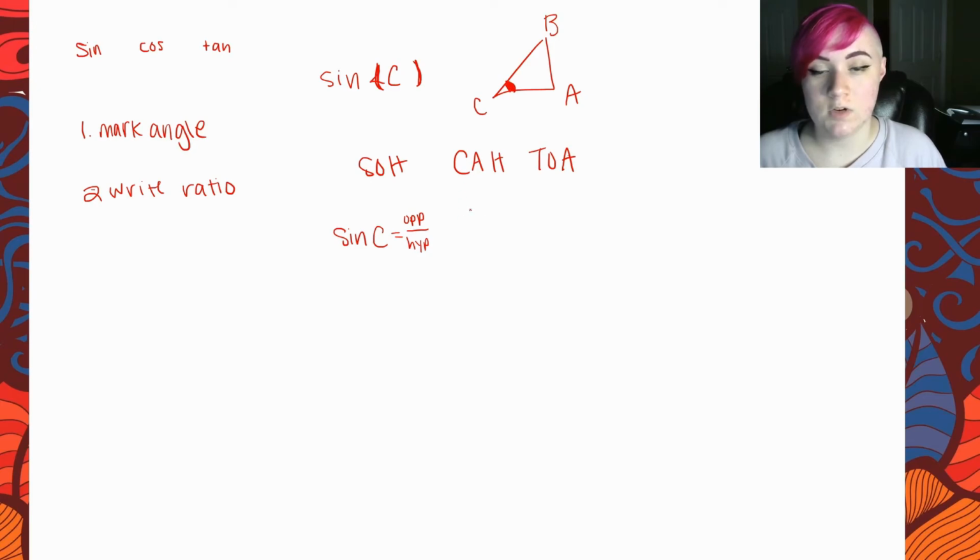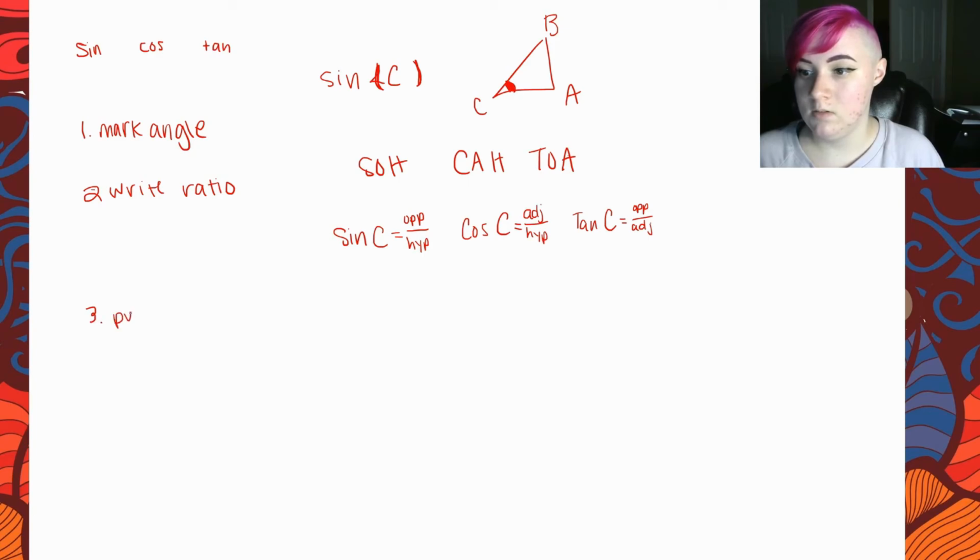If it asks you for cosine, you're going to write cosine of whatever angle, we'll say C, is equal to adjacent, that's what the A stands for, divided by hypotenuse, that's what H stands for. If it asks you for tangent of some angle, say tangent of C, you're going to do opposite, that's what O stands for, divided by adjacent. So write that out.